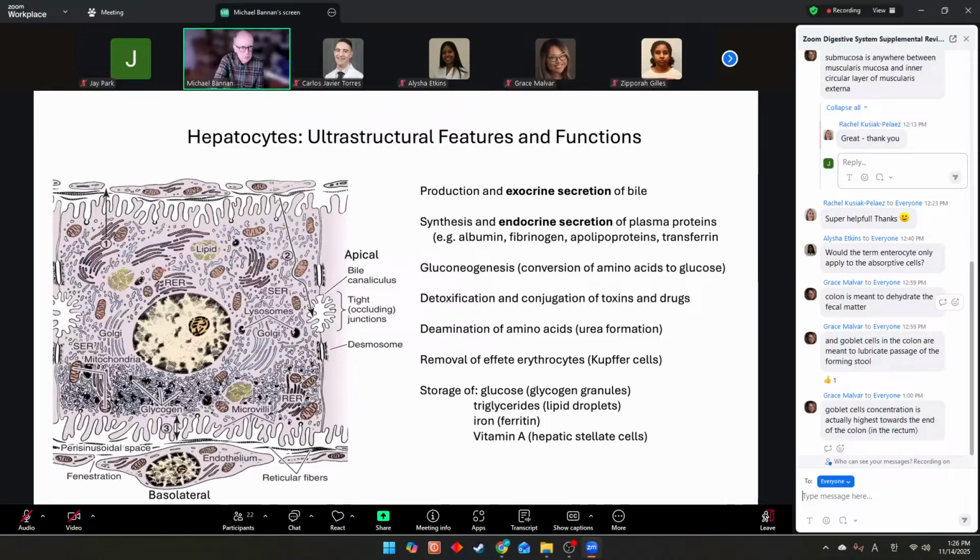We have lots of smooth endoplasmic reticulum to detoxify toxins and conjugate drugs. We have lots of mitochondria because all this stuff takes lots of energy. We have Golgi because we have to package our protein products. We have our storage forms of glycogen here and triglycerides, lipid droplets, right?